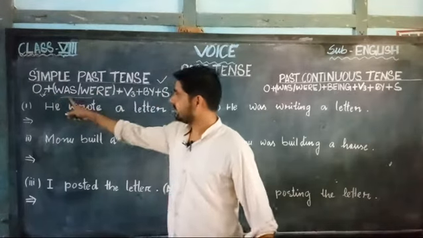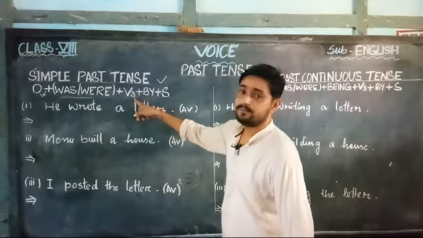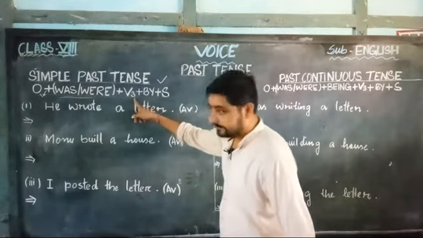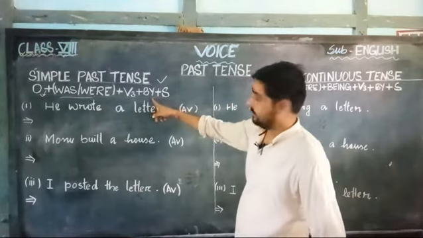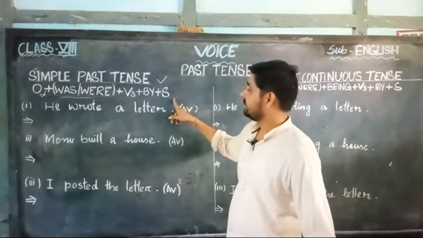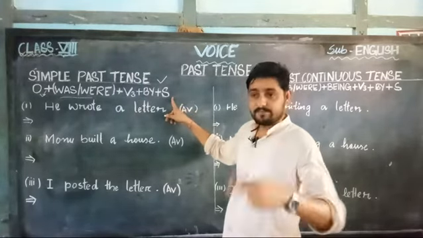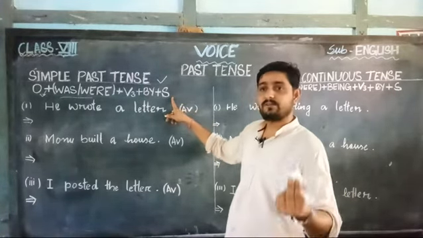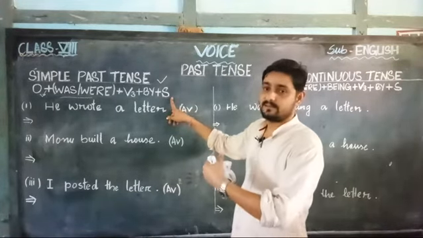Object, was or were, then the third form of the verb. Then we add the preposition by, then again the subject. The subject of the active voice goes at the last.